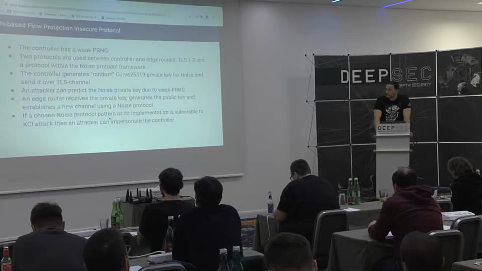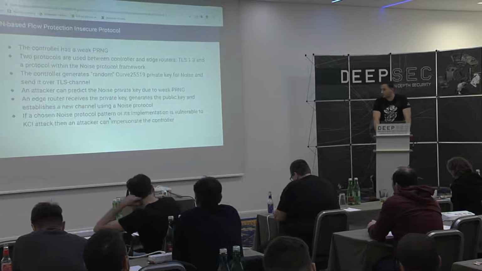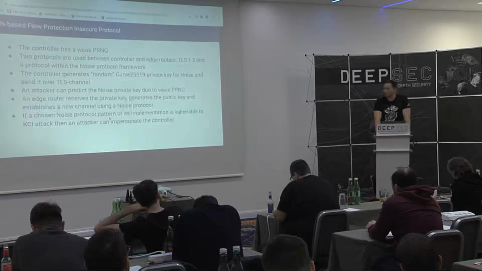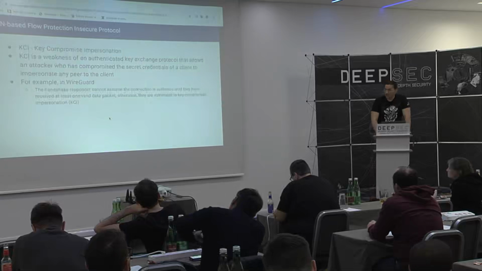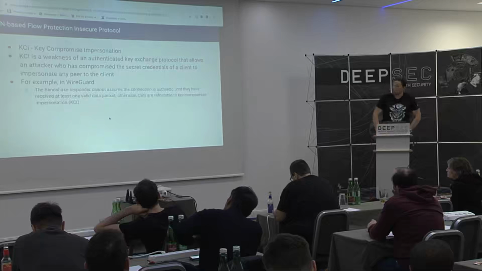The issue here is that if the Noise protocol pattern or the implementation of that protocol is vulnerable to KCI attack, then the attacker can impersonate the controller, but not the edge router. And what is KCI?